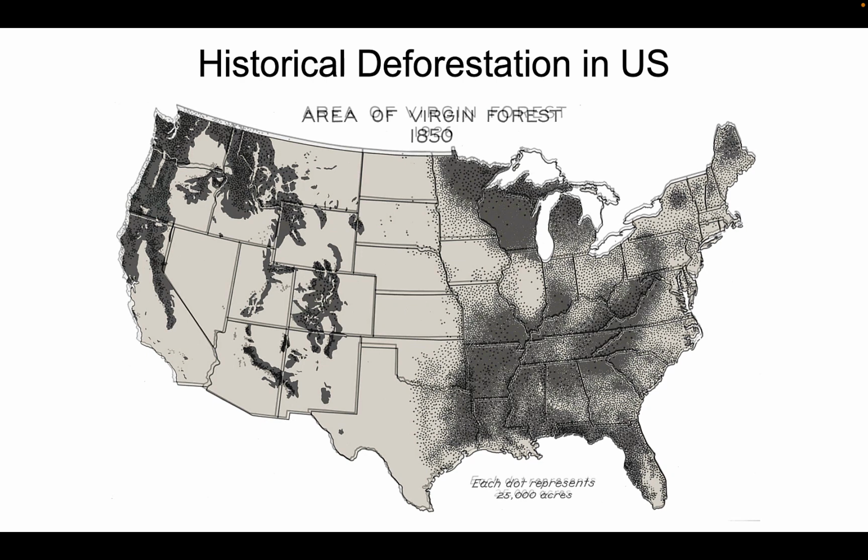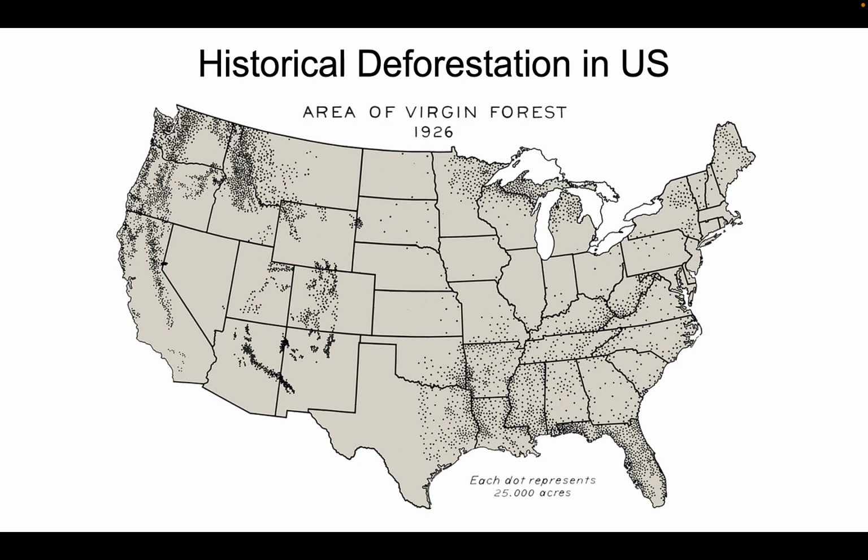And as we jump forward to 1926, we see that deforestation has severely impacted most of the United States, and most of the primary forest that was here in 1620 is gone and has been replaced either with agriculture or allowed to grow back into what's called secondary forest.